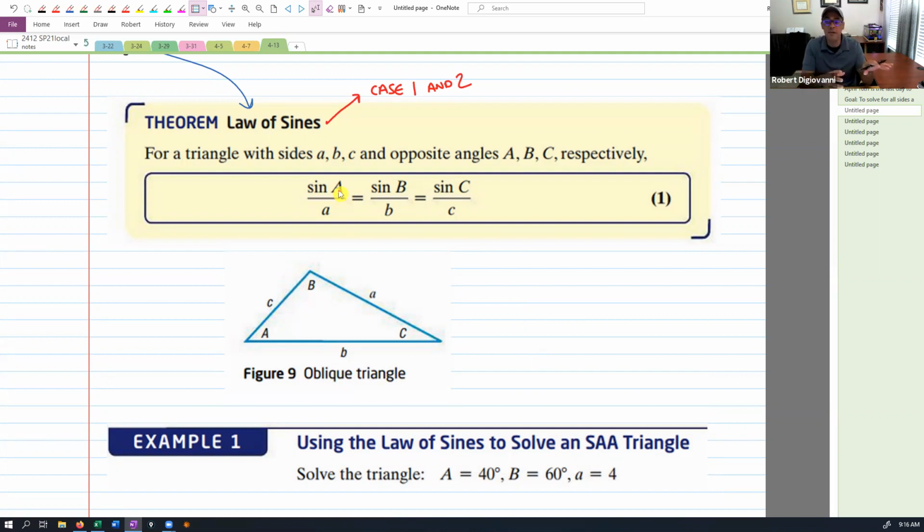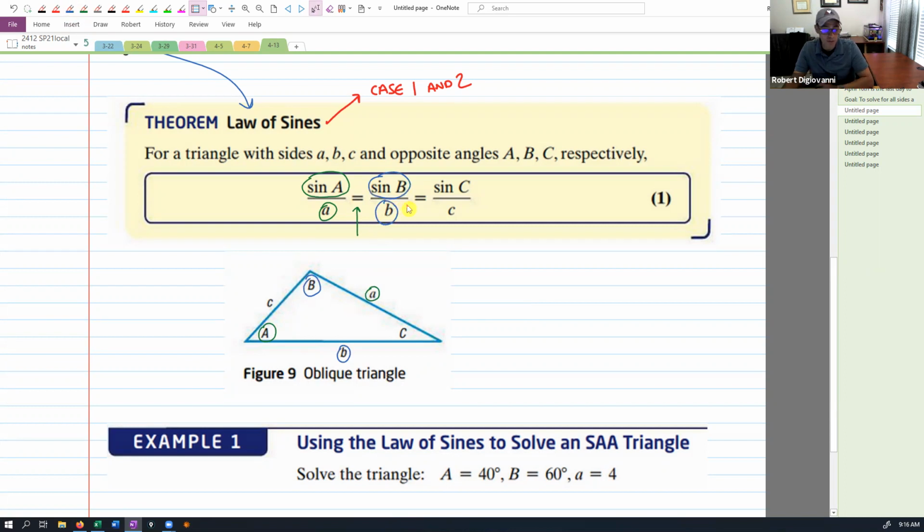Erase that from your mind, because that only works on a right triangle. This is simply saying that if we take sine of this angle, sine of A, and divide that number by little a, that ratio must be equal to, and this is the important thing, the ratio of sine of B over little b.